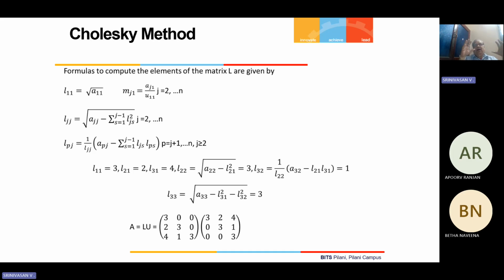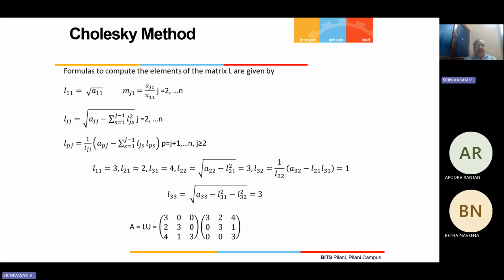So if you just have a common formula like this, definitely when you are having more than 3, 4, 5 rows and columns, then in general you don't have to worry about all these things. Otherwise, it is easy for you to remember if you just look at this 3 by 3.